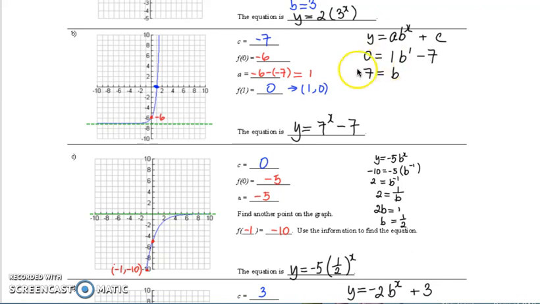Plug in the numbers, 0 into y and 1 into x using the point. When you solve for b, you get b equals 7. So that means the equation is y equals 7 to the power of x, minus 7.